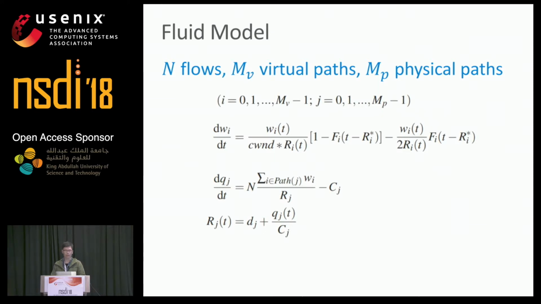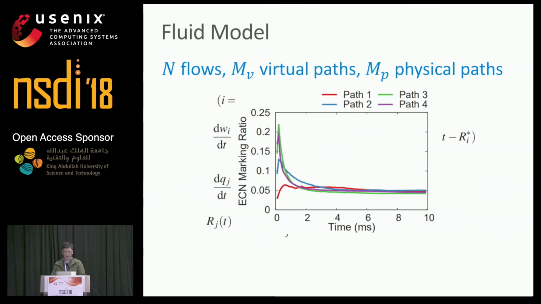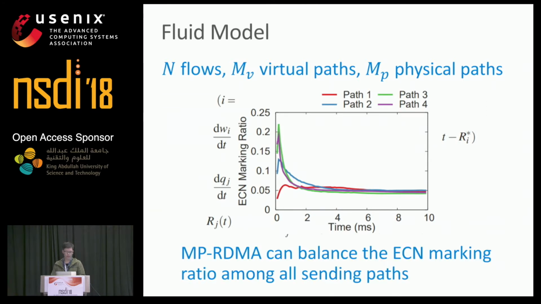You can refer to our paper for details. According to our simulation results and the fluid model analysis, multipath RDMA can balance the ECN marking ratio among all the sending paths. That means it can balance the congestion across all the paths.